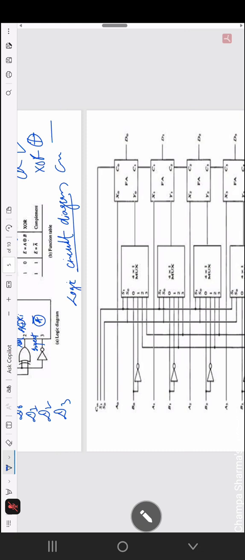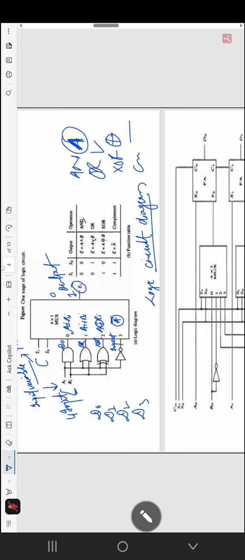Is it clear? S1 and S0 act as control inputs, reflecting the desired logical function, AI and BI are the data inputs, and EI is the final logic output of the operation.